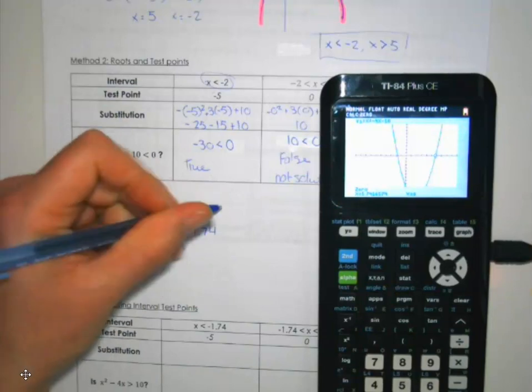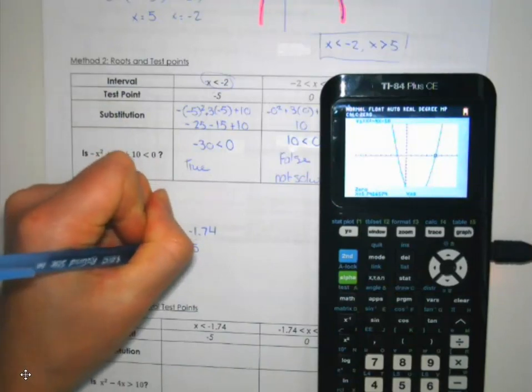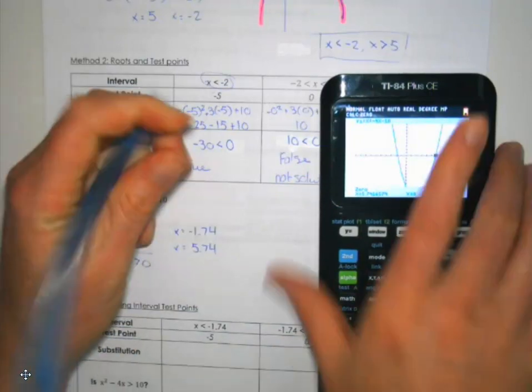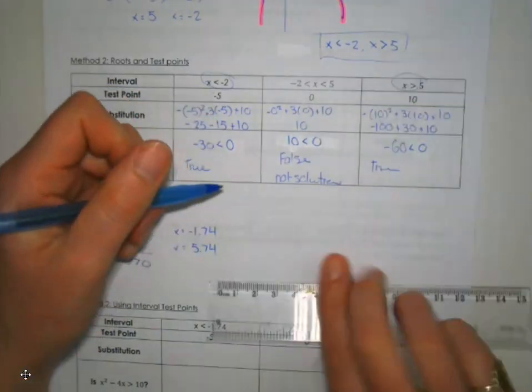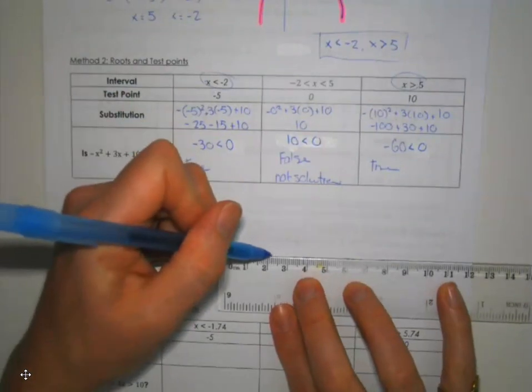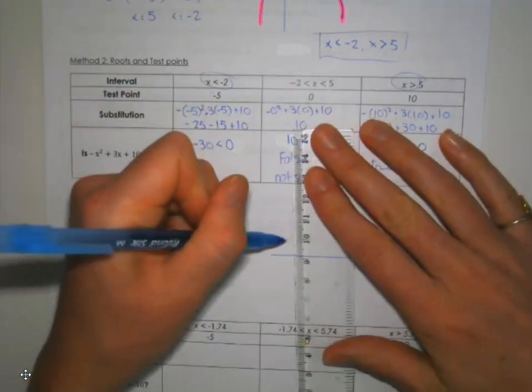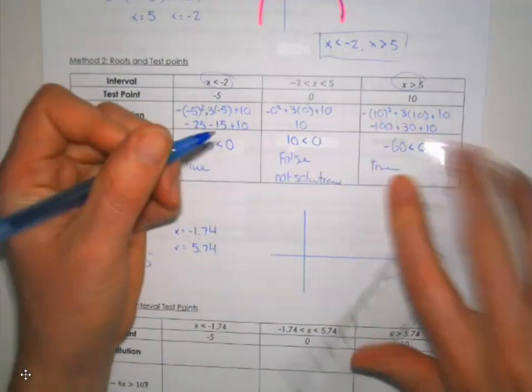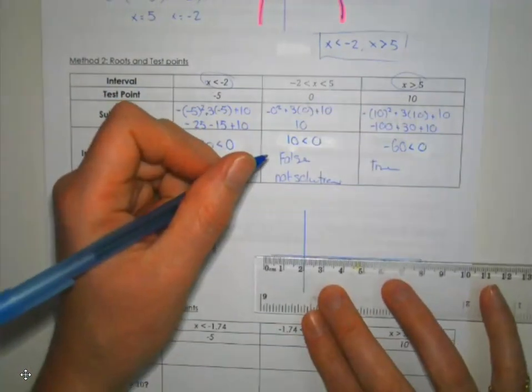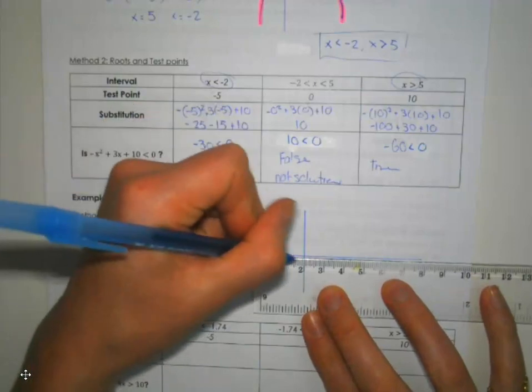So it tells us our 0 is at 5.74. Okay, and so if we want, we can just do a quick little sketch again. And if you were asked to solve graphically on a test, you would want to make sure that you did do a little bit of a sketch.